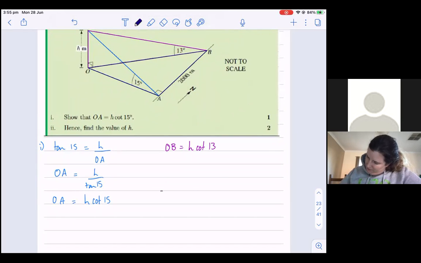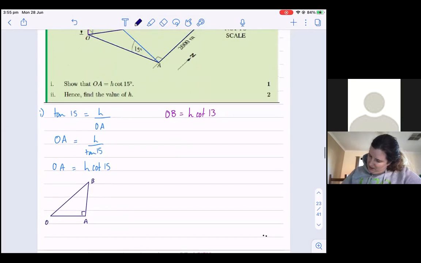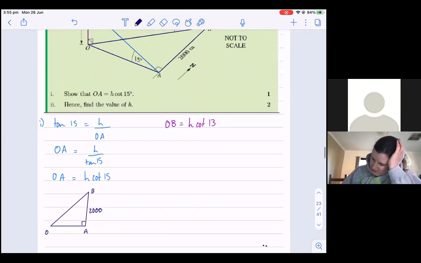And let me just pull this down below. We know AB is 2000, it's 2Ks. So we know OB squared equals OA squared plus 2000 squared.